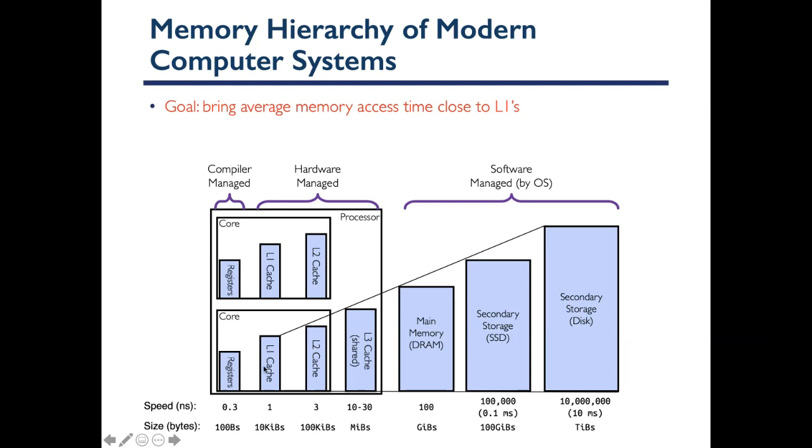It's not entirely possible to have access time equal L1 unless all the data your program needs can fit in L1. But if it's bigger than L1, then the way that we manage caches, we can bring the average memory access time close to L1. We'll see how it happens.